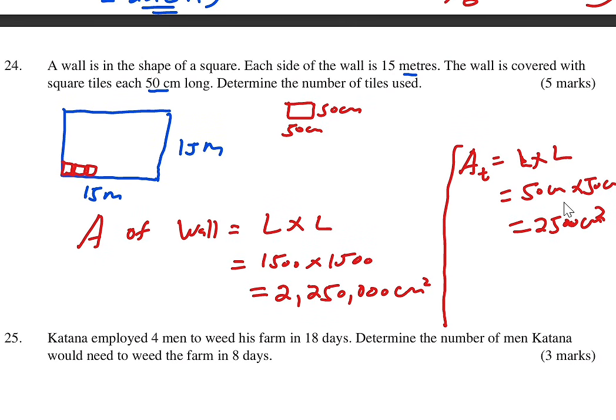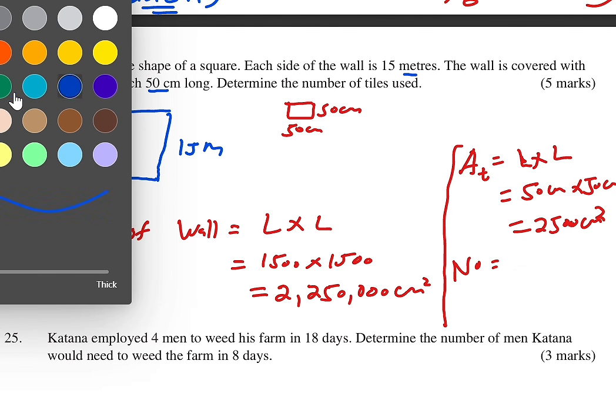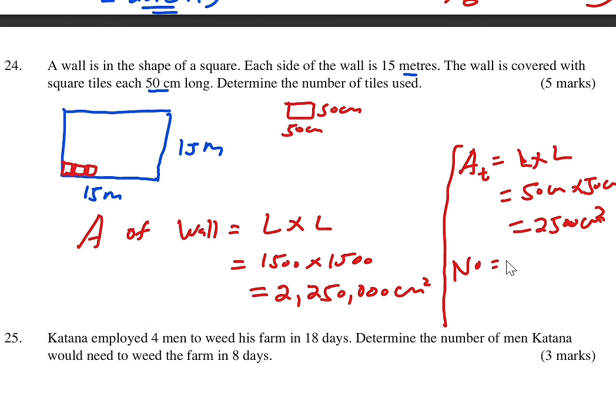So how will you do the number? You will take this big area divided by the area of one tile. So the number of tiles will be the area of the wall, which is 2,250,000, because now the units are the same, divided by 2,500.